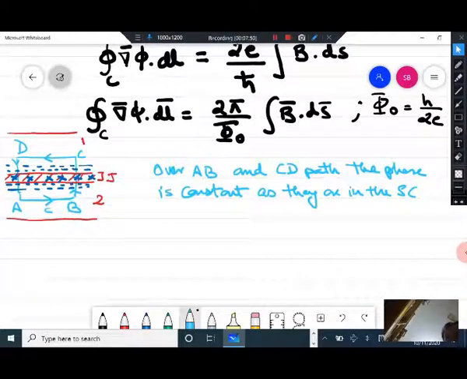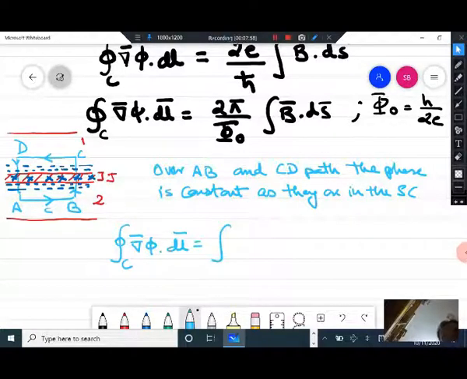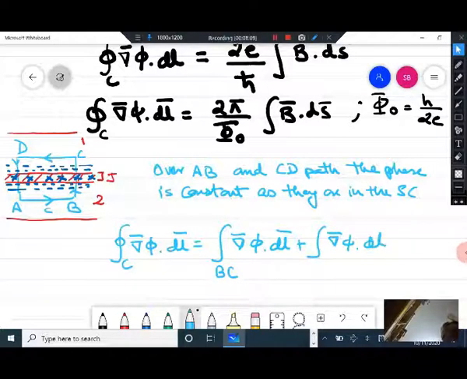So therefore the integral of the gradient of phase phi dot dl is essentially going to have contribution only along BC, plus the integral of the gradient of phase phi dot dl along DA.